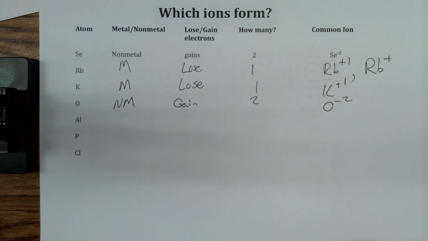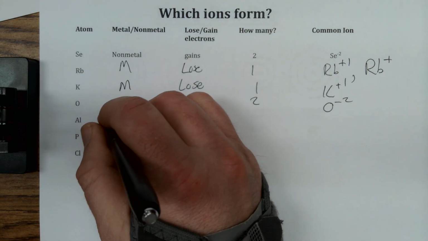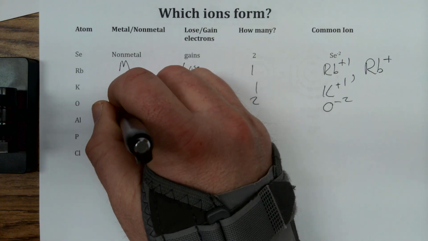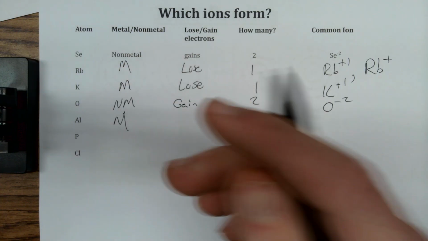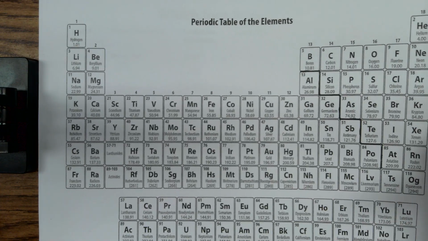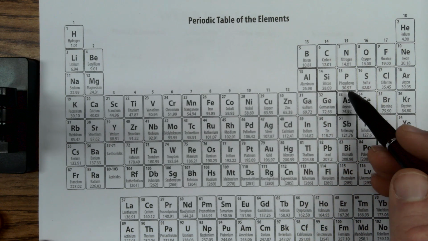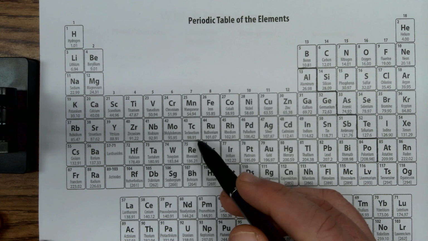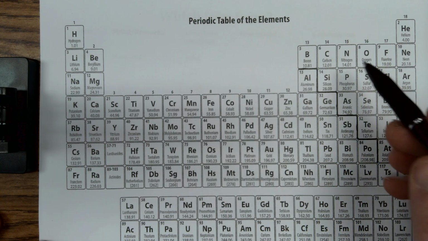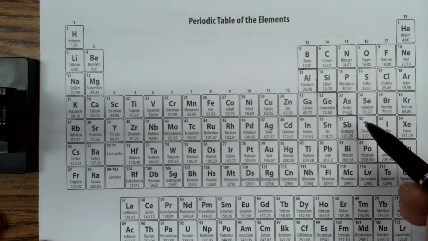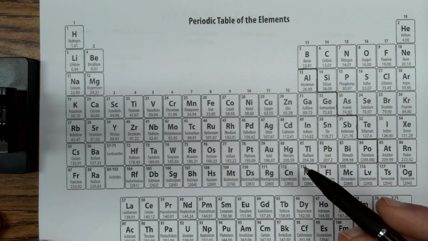Aluminum, metal or non-metal? It's a metal. Oh, there we go. Aluminum is over here on my periodic table. Remember, my bold line separates my metals from my non-metals. If you're sitting on the stairs, you are my metalloids.